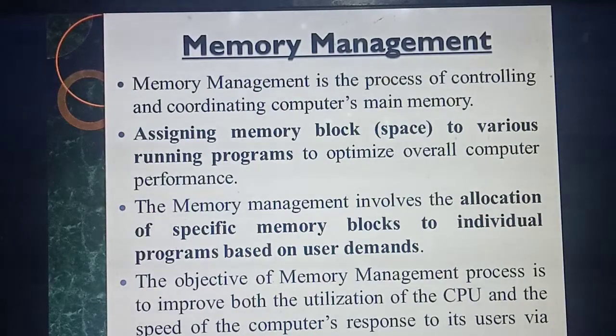In the same way, memory also is split, allocating some memory blocks to save some programs. Overall computer memory will be there, so to improve the performance of the computer, you are going to allocate some memory blocks. Based on the user's needs, each individual program is allocated separate blocks.